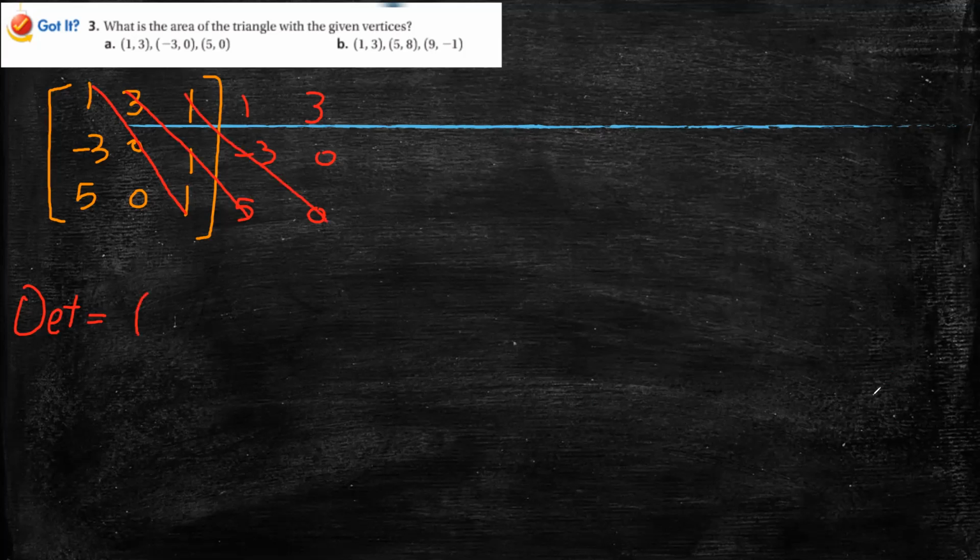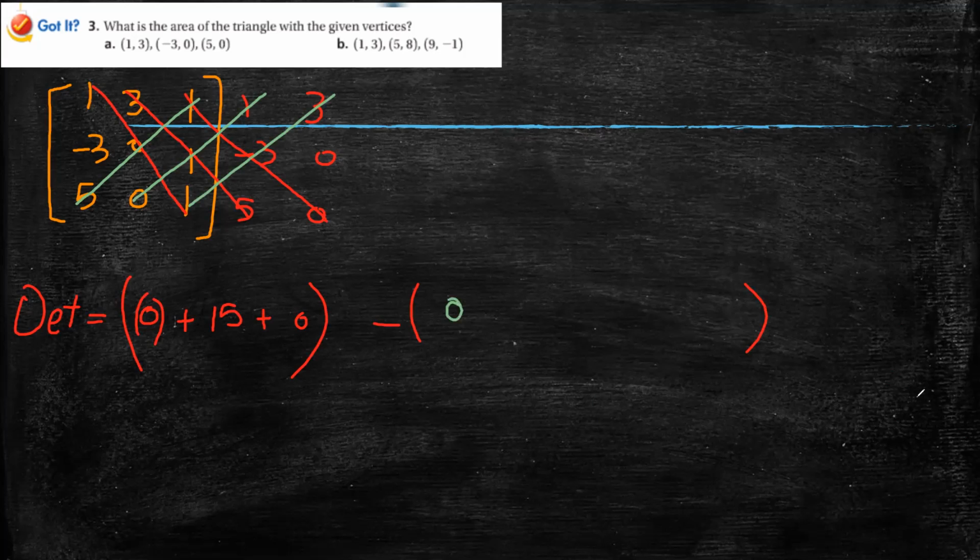One times 0 times 1, it is 0. Plus 3 times 1 times 5 is 15. Plus 1 times negative 3 times 0, it is 0. Minus 5 times 0 times 1, 0.